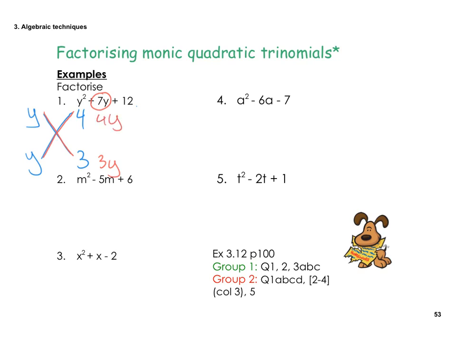Can we see that 4y plus 3y is 7y? So when we split up the 12 into two numbers, we must be able to move through the cross, and the two answers here must add to 7y. Once they work, our answer is just literally right here.